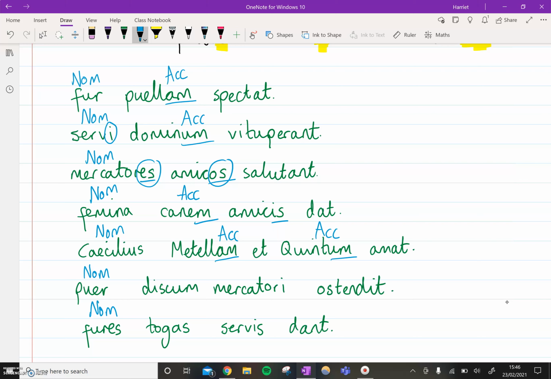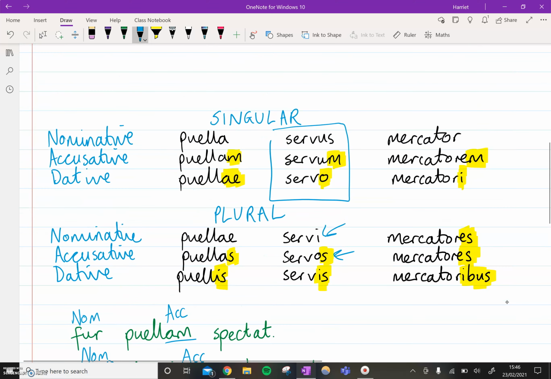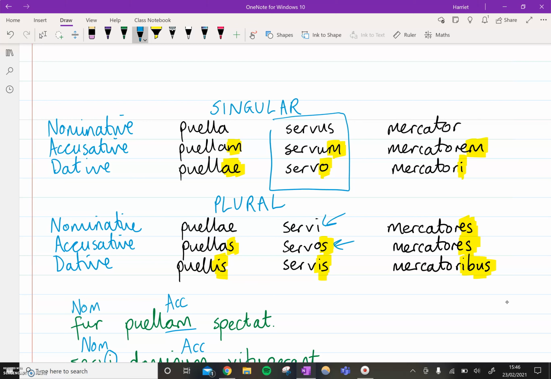Second to last sentence, puer is our nominative, discum ends in M, so it's our accusative. Mercatori, let's see if we can find that ending I. Now it could be this one here again, servi, but the word is mercator, and mercator belongs to the third group of nouns.